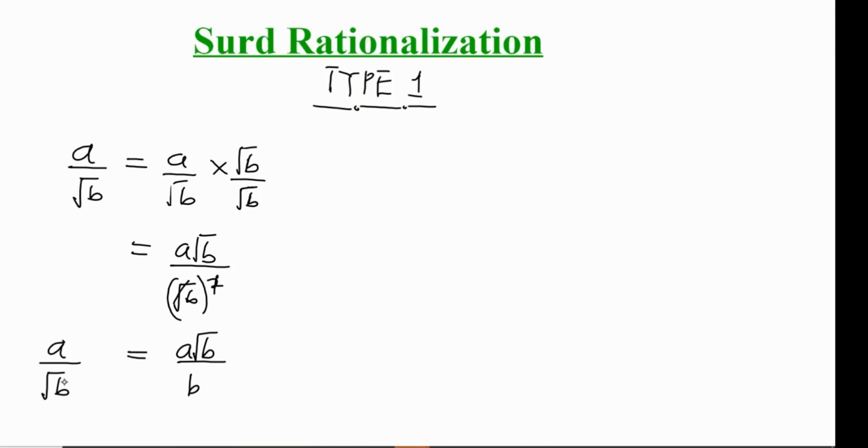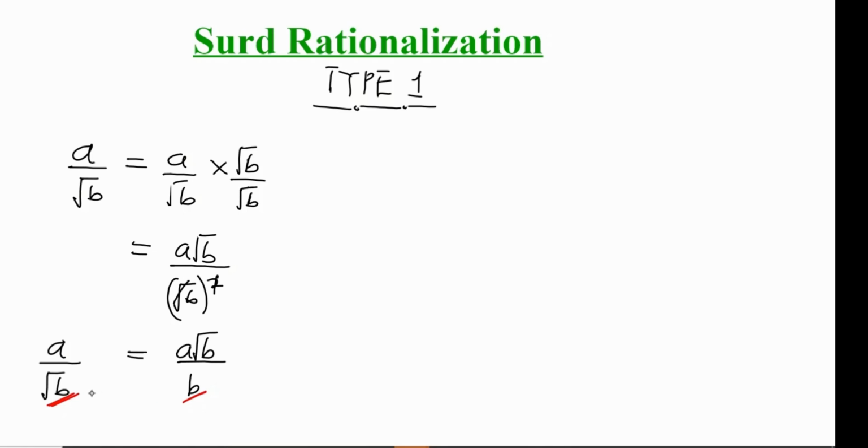Now, after rationalizing, you can see that the original fraction, of which the denominator is a surd, now has a rational denominator. When we rationalize, the denominator does not become a surd again, because that is not what we want. We want the denominator to be a rational number. That is the clear difference.